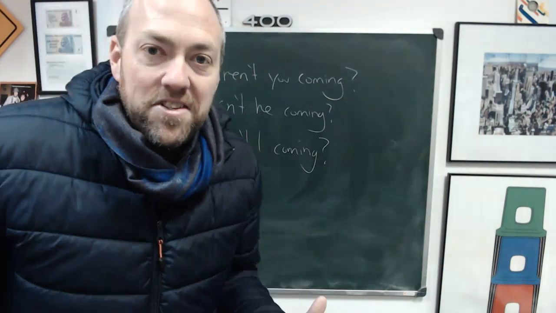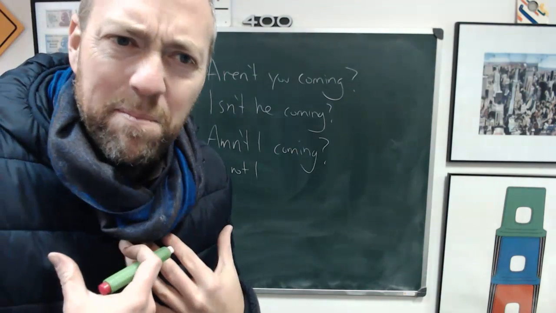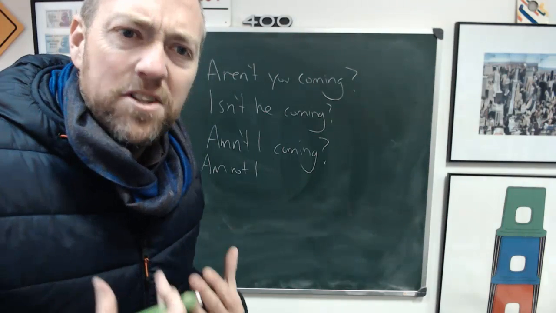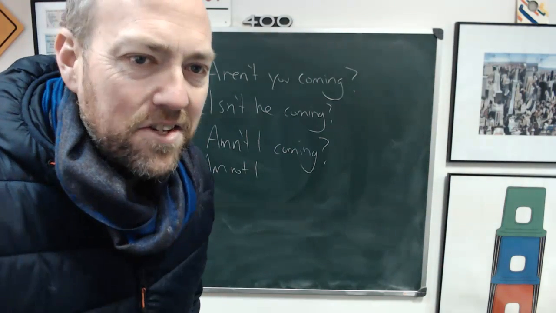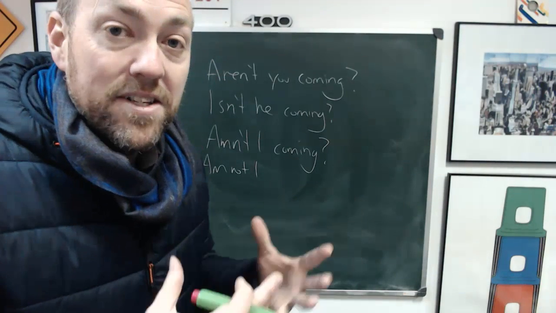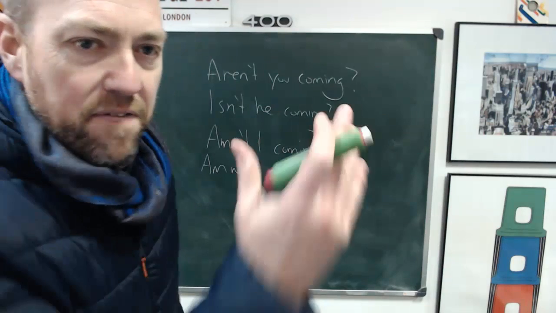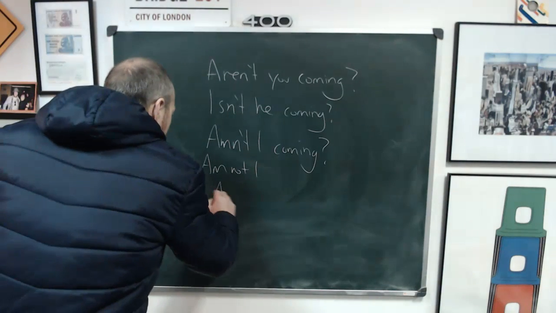It doesn't exist. This exists, but amn't I or am not I? It doesn't exist. So English people had to invent a substitute, and the substitute is the famous ain't.